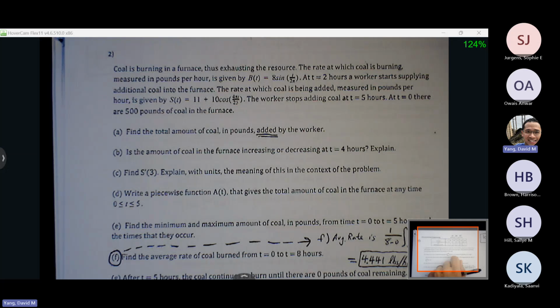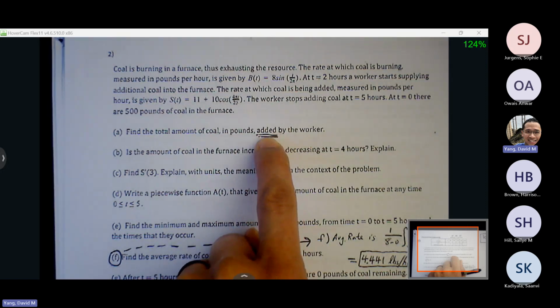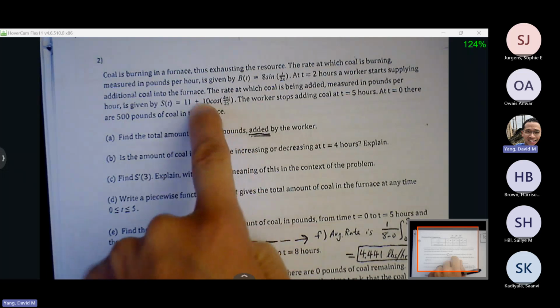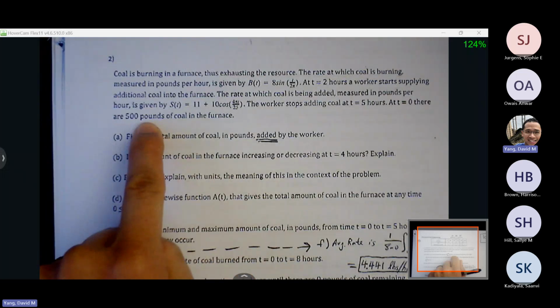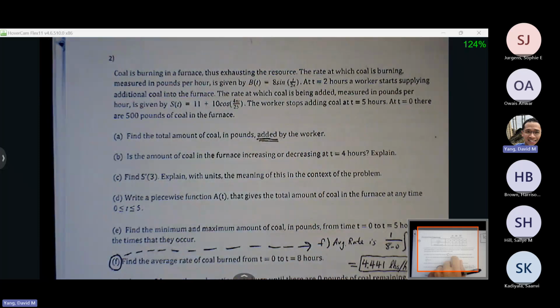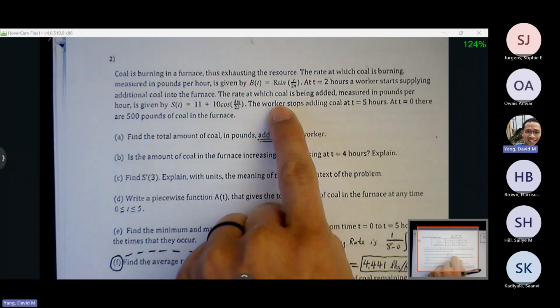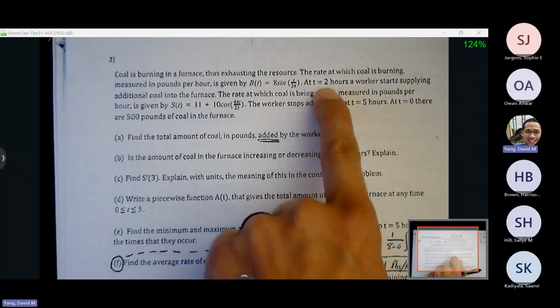At T equals 0 hours, there are 500 pounds of coal in the furnace. Find the total amount of coal added by the worker. So here, we only care about S of T. We don't care about the fact that there's 500 pounds to begin with, and we don't involve B of T either. So for A, we're just doing the integral of S of T. The coal is being added between 2 and 5 hours, right?